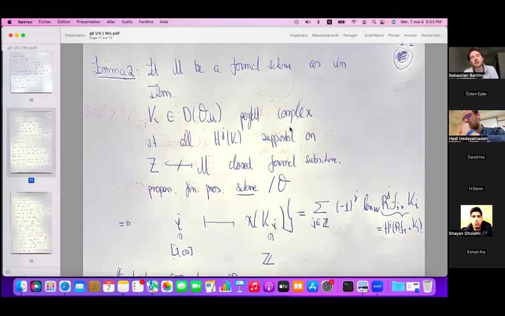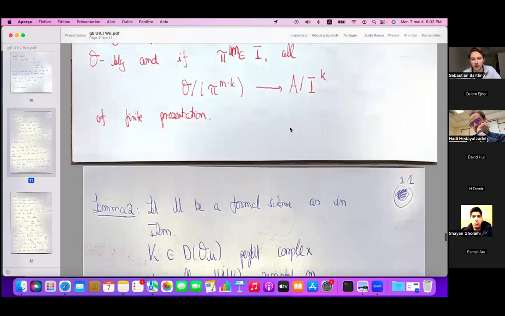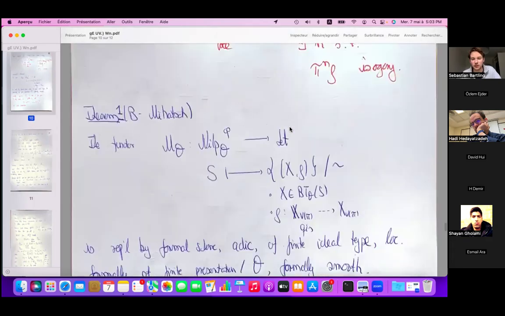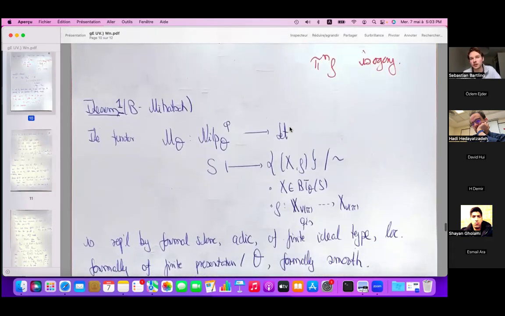My worry is more that I don't know whether there are any uniformization statements for this Rapoport-Zink space that we define, because I don't know what would uniformize it.